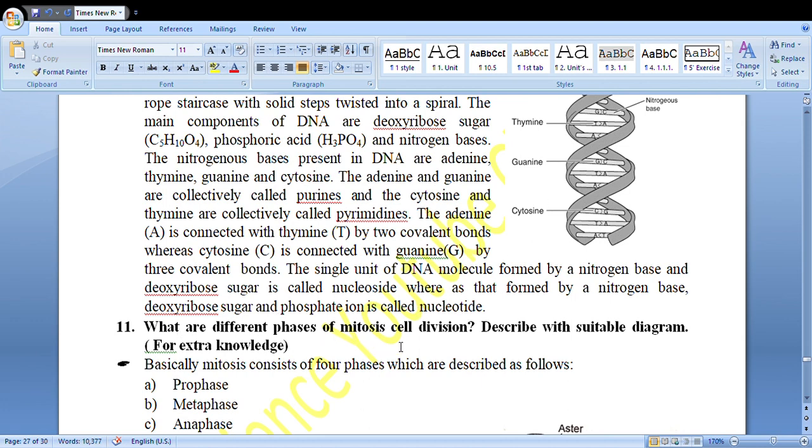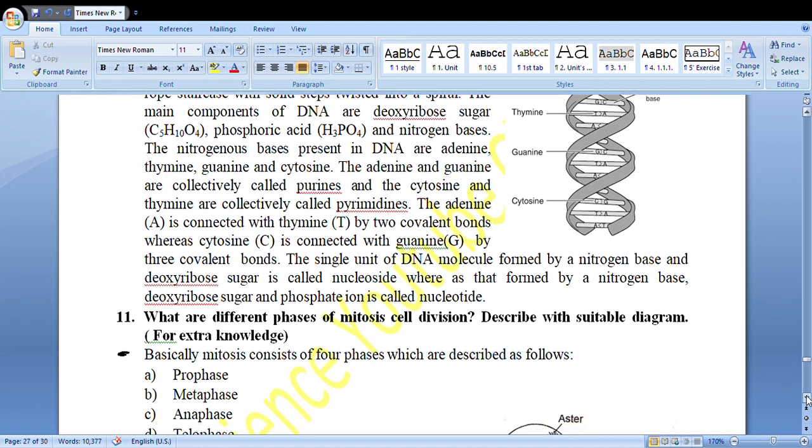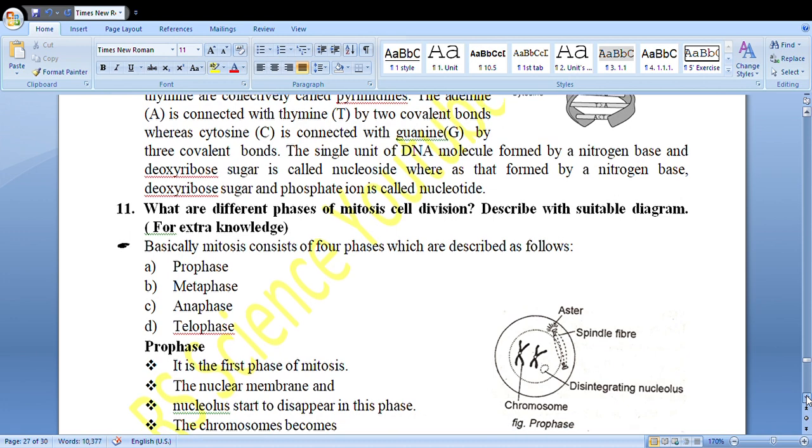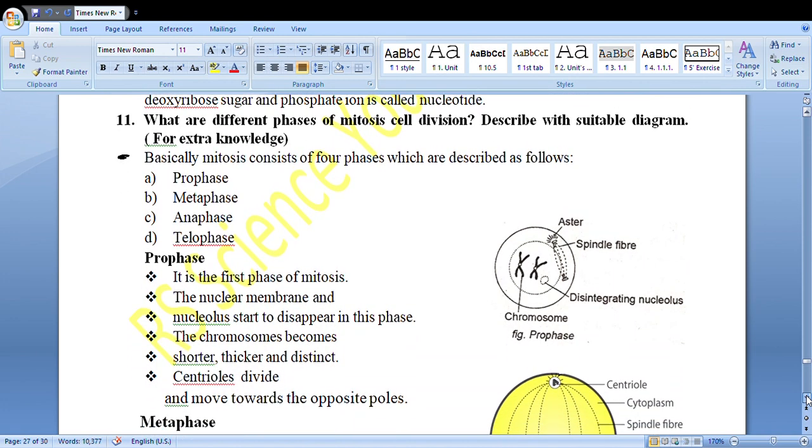What are the different phases of mitosis cell division? Describe with a suitable diagram. This is for extra knowledge. It's not given in the curriculum detail. Basically, mitosis consists of the following stages: prophase, metaphase, anaphase, and telophase. Prophase has these characters. It is the first stage of mitosis.